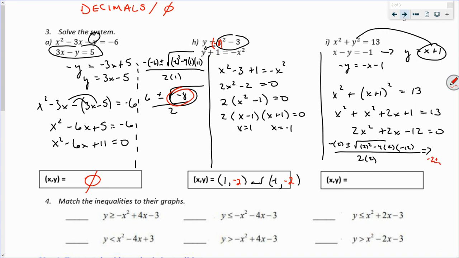Negative 2 plus or minus, let's see, 2 squared minus 4 times 2 times negative 12 is 100, divided by 4. So negative 2 plus 10 divided by 4. I got one answer to be 2, and negative 2 minus 10 divided by 4, I got negative 4.5.